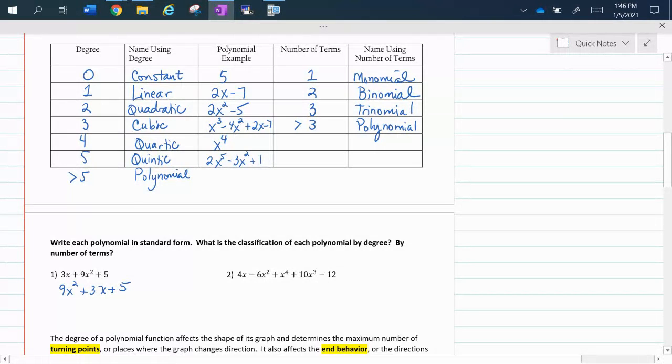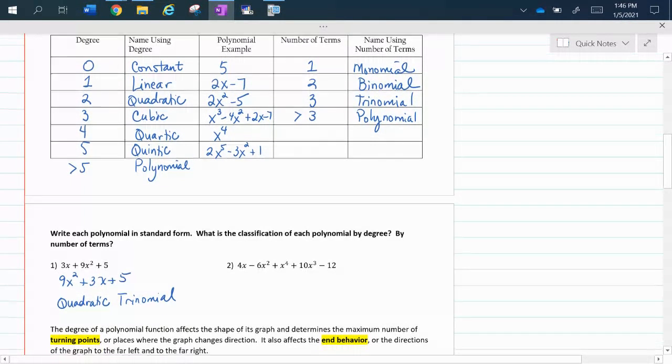So here's my polynomial in standard form, highest degree down to lowest degree. Also, I noticed that the highest degree is 2. Therefore, I'm going to call it a quadratic. And there are 3 terms in this polynomial, so I'm going to call it a quadratic trinomial.